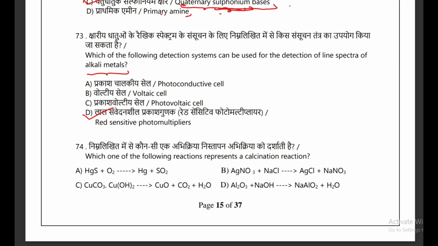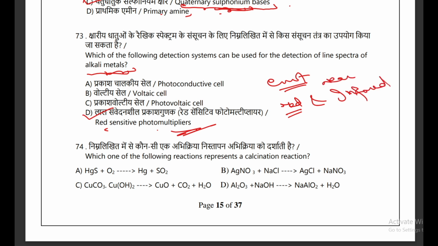Okay, actually to detect line spectra of alkali metals, red sensitive photomultipliers are the best or most suitable detection system, because alkali metals generally emit spectral lines in the red and near infrared region.